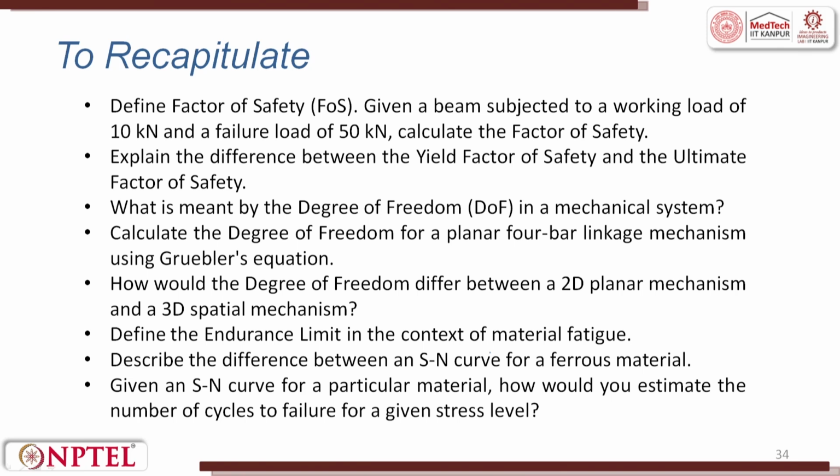Then we tried to calculate the degrees of freedom for an example of a 4-bar mechanism. So, we also saw how 3 degrees of freedom and 4 degrees of freedom are different. Then we entered into the topic called endurance limit. So, in endurance limit we saw what is endurance limit, S-N curve, low cycle fatigue, high cycle fatigue, and what are the factors which are going to influence the endurance limit.